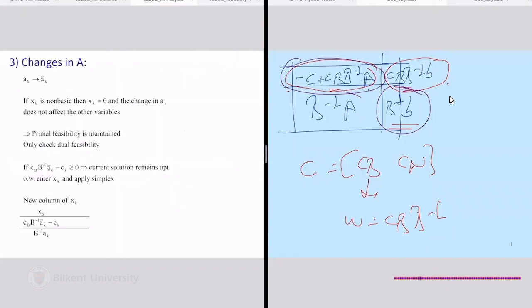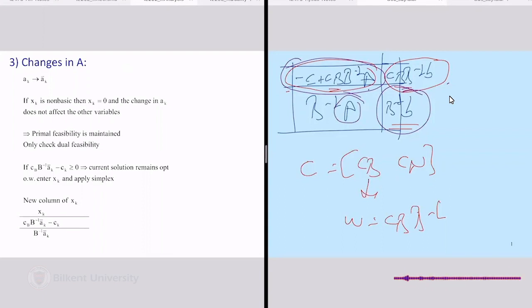So we're done with B, the right-hand side vector, and we're done with the objective function coefficients. Our next parameter that the environment gives us is the matrix A. Now, this is a little bit trickier than the others, because we're not going to change the whole matrix, of course.